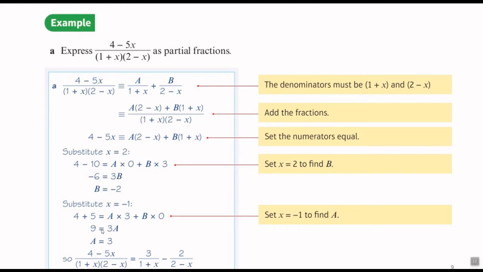So then you will get this equation, 9 equals 3a. Divide both sides by 3, you will get a equals 3. So then you can rewrite this by substituting values, a equal 3, b equal minus 2. You can write the partial fractions like this.